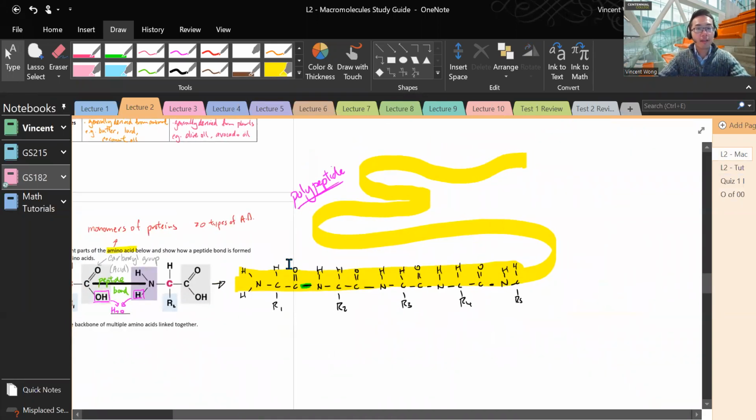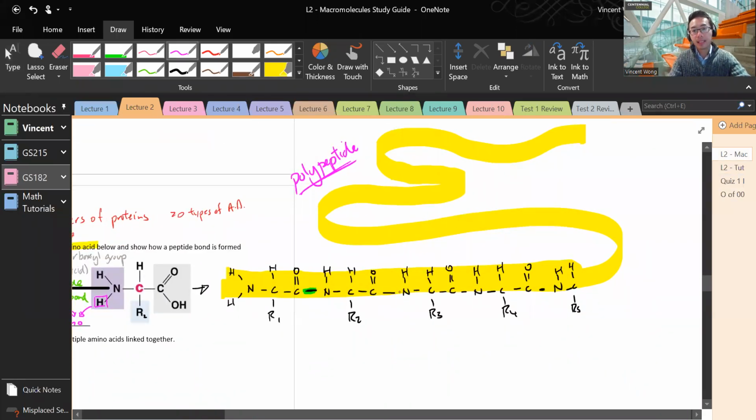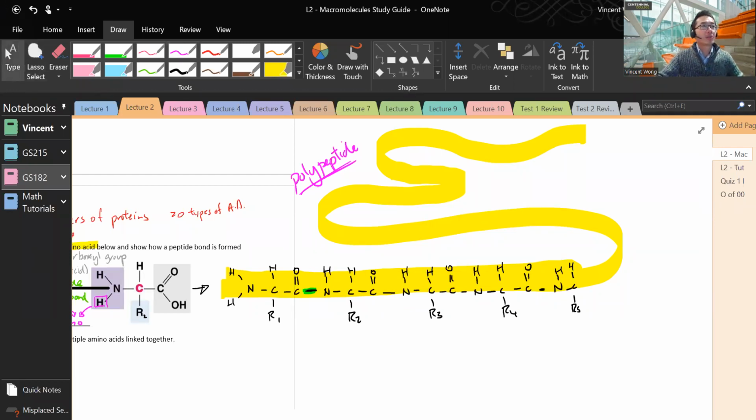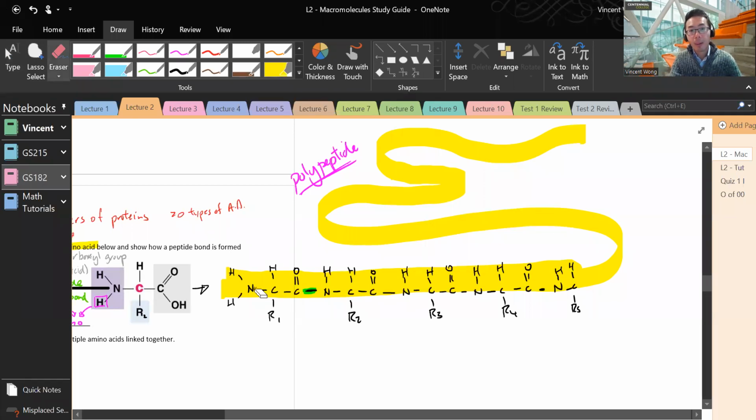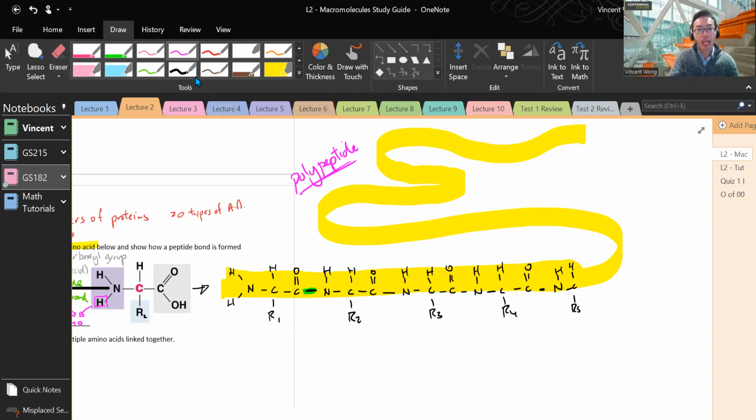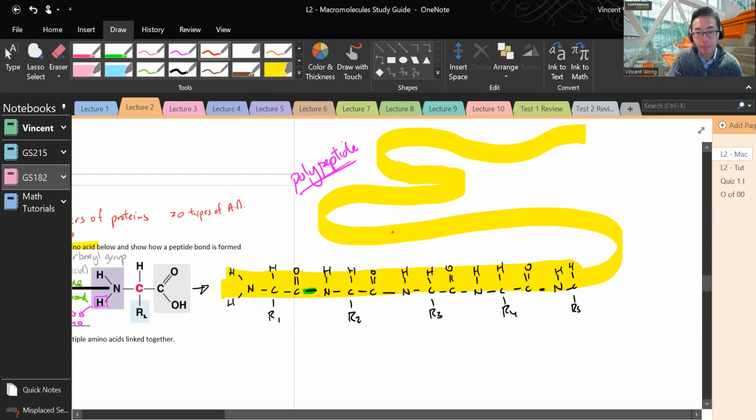So here you have your polypeptide. The important point for you guys to understand is that the backbone does not change, but the side chain is what's changing. So I'm just going to write here: the polypeptide backbone does not change.